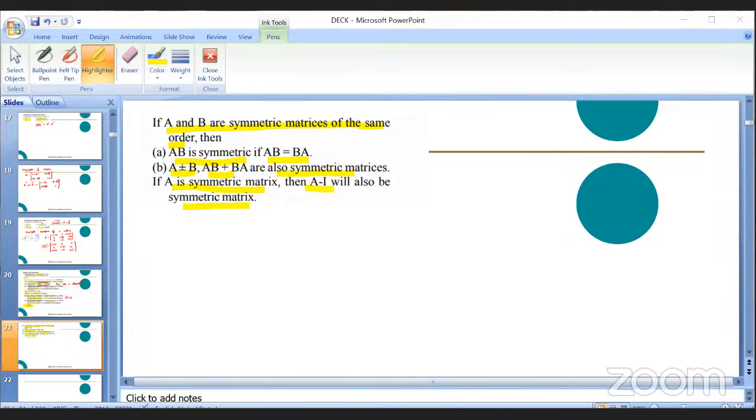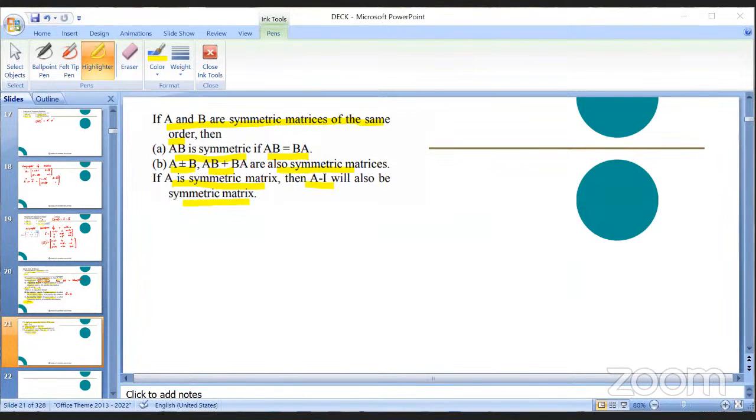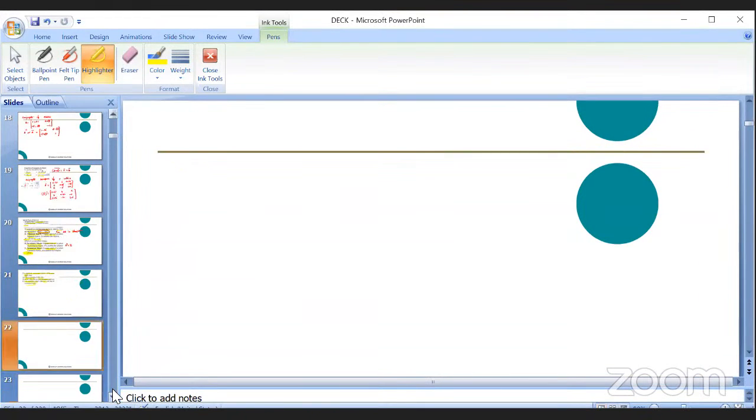The next is about skew symmetric matrix. This skew symmetric matrix I will paste. What is a skew symmetric matrix?